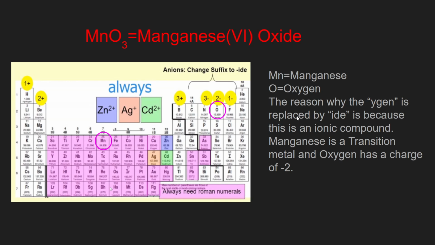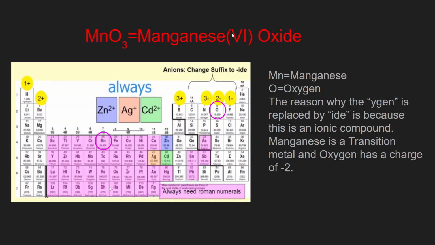So we can see that oxygen is in column 16, so it has a charge of -2, and Mn is a transition metal. But we know what the charge is because of the Roman numeral up here.